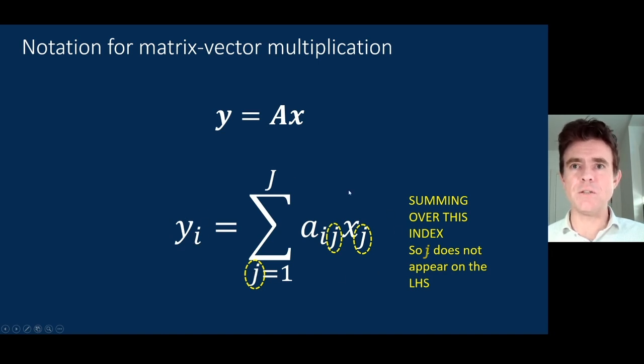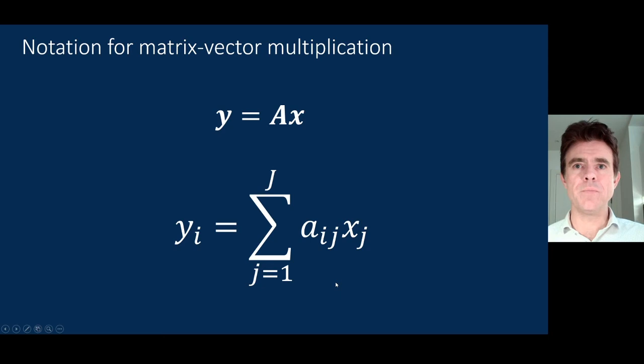We're summing it out when we do this summation, okay? And all we're left with is that i. So that's to clarify here that there's no sum over this index, so i appears on the left-hand side of this equation, because we're summing over j and we've left i behind.